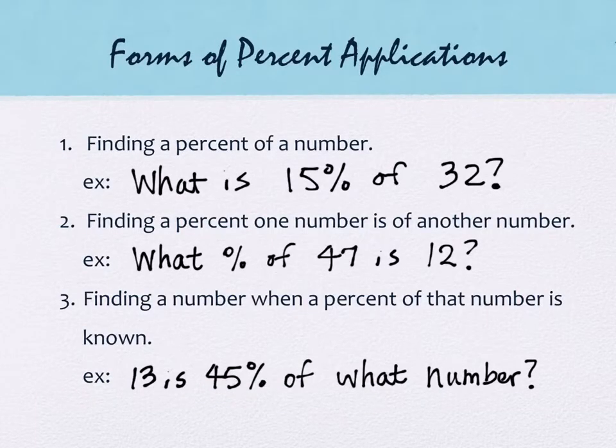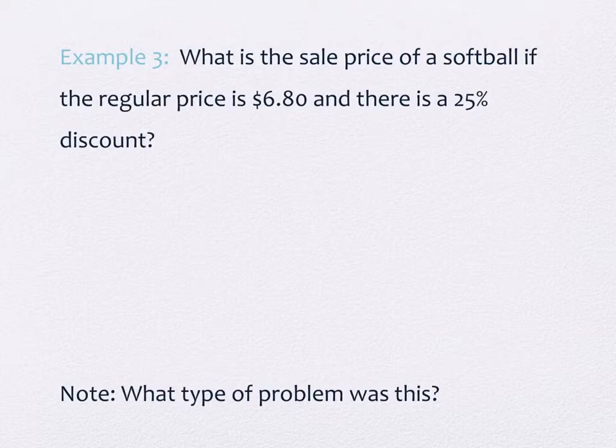Are we finding a percent of a number? Are we finding the percent one number is of another number? Or are we finding a number when a percent of the number is known? Which of these types is it? What is the sale price of a softball if the regular price is $6.80 and there's a discount?